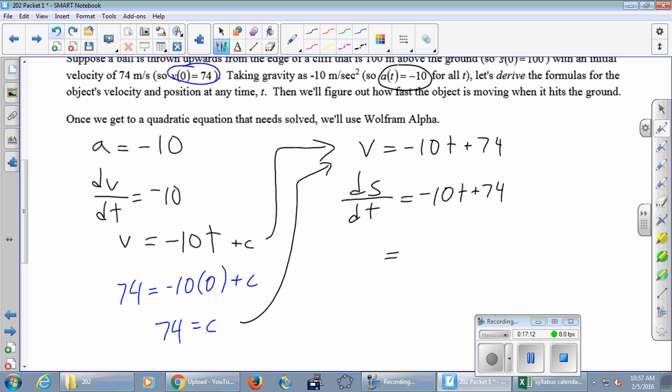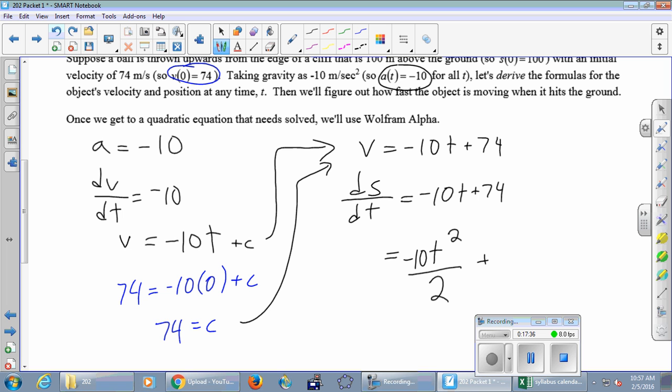Antiderivative of negative 10t. This is not quite as easy as the one that we did before, but this is our power rule. What do we do with the power? Add 1, so it becomes 2. Divide by the new power, which is 2. What about that negative 10? Stays there. Constant multiples get copied. And we'll clean that up in just a second.